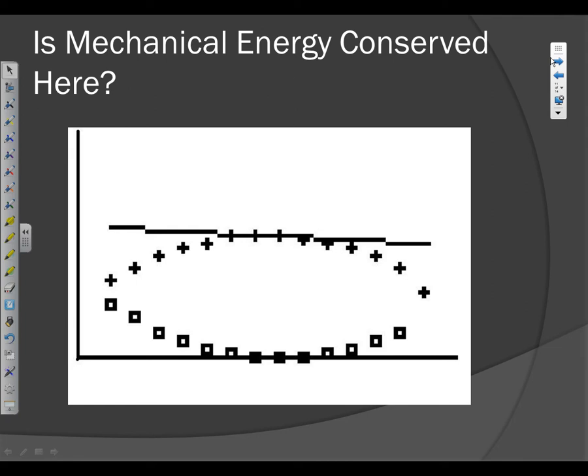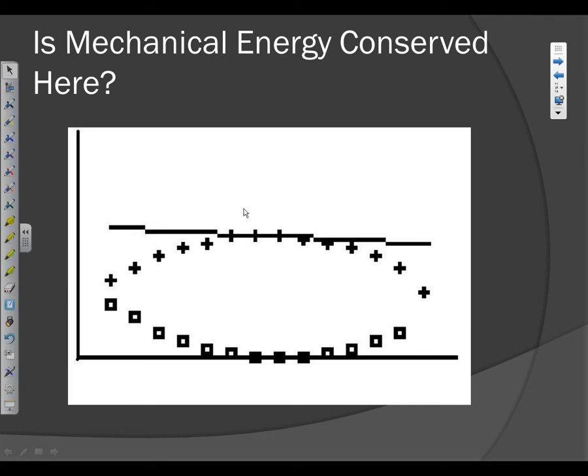It doesn't say which one's which, but as the pluses go up, the boxes go down, and as the boxes go up, the pluses go down. And we said that kinetic energy and potential energy are pretty much mirror images of one another when energy is conserved. But this line up at the top, is that a straight line?